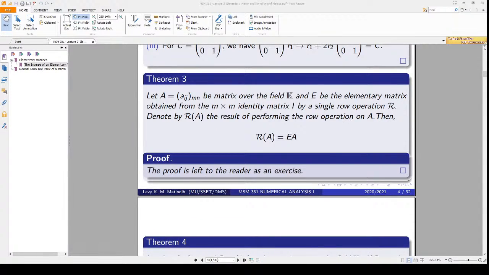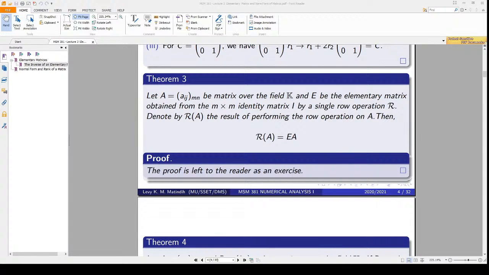What theorem number 3 is trying to tell us is that if we have an m by n matrix A and an elementary matrix E, where this matrix E has been obtained from an m by m identity matrix I by a single row operation R. What we're saying here is that we are not really saying that the matrix A is an elementary matrix.